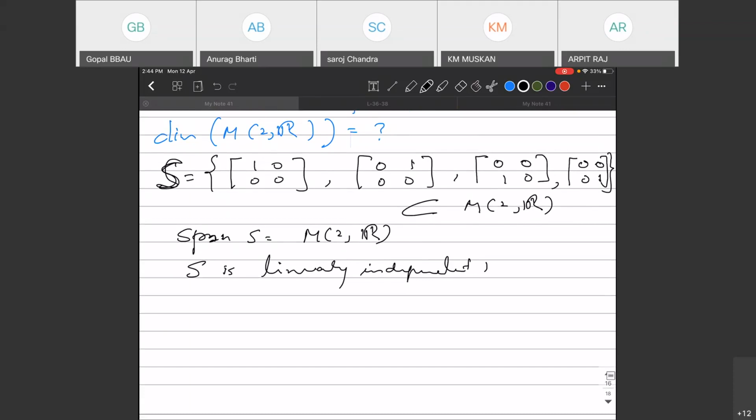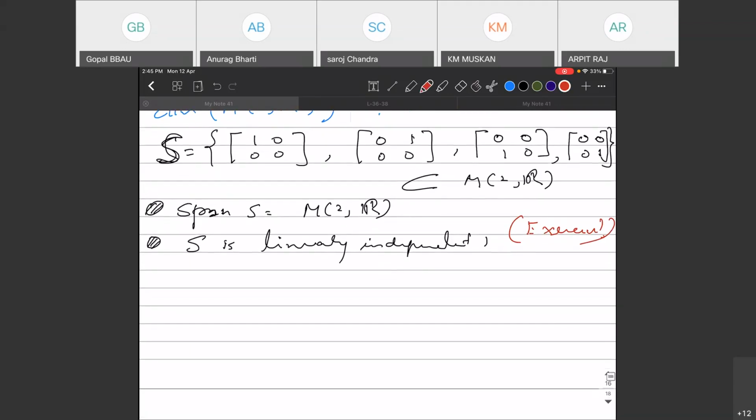Okay, so verify these two. This is an exercise for you all. Now tell me what would be the dimension of M2R?